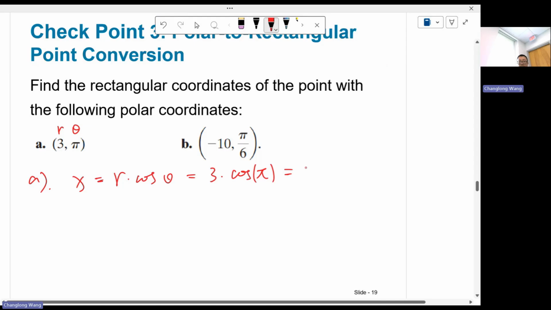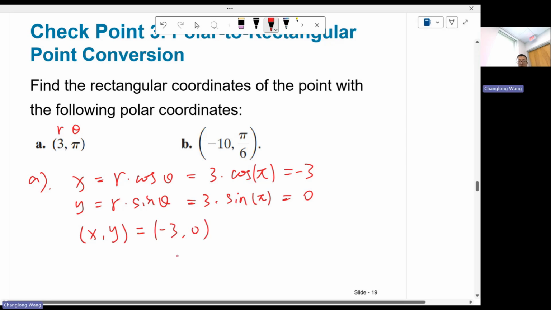So cosine pi is -1, so that's -3. And y is r times sine theta, 3 times sine pi, and sine pi is 0. Therefore the rectangular coordinates, in the form x comma y, of the same point are -3 comma 0. All right, that's it.